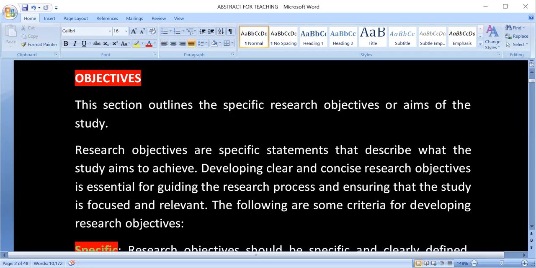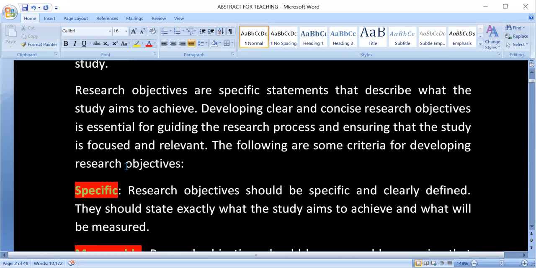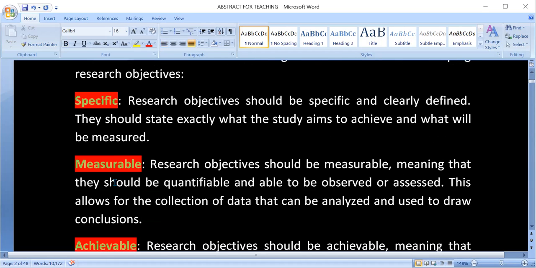So developing a clear and concise research objective is essential for guiding the research. The following are some criteria for developing research objectives. One, specific. Research objectives should be specific and clearly defined. They should state exactly what the study aims to achieve and what would be measured.